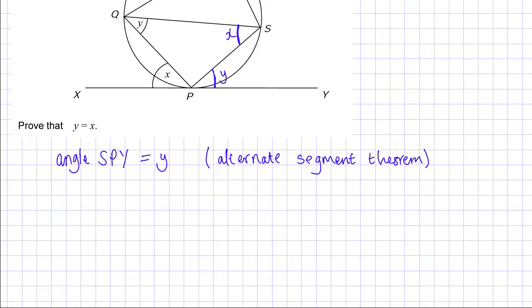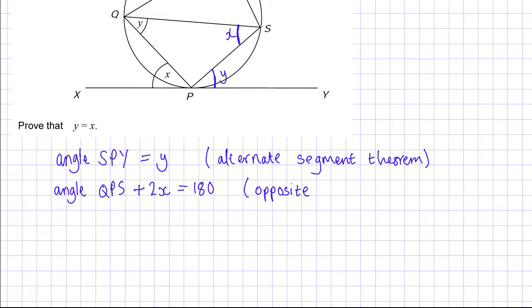Angle QPS plus 2x is equal to 180, and the reason for that is opposite angles in a cyclic quadrilateral add to 180 degrees.